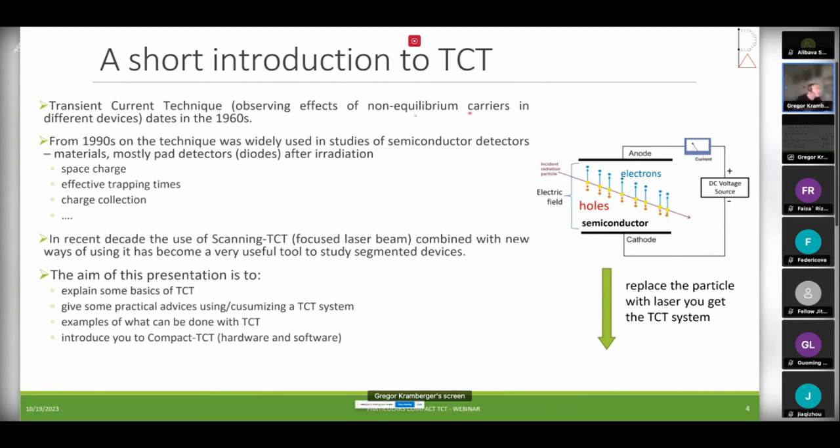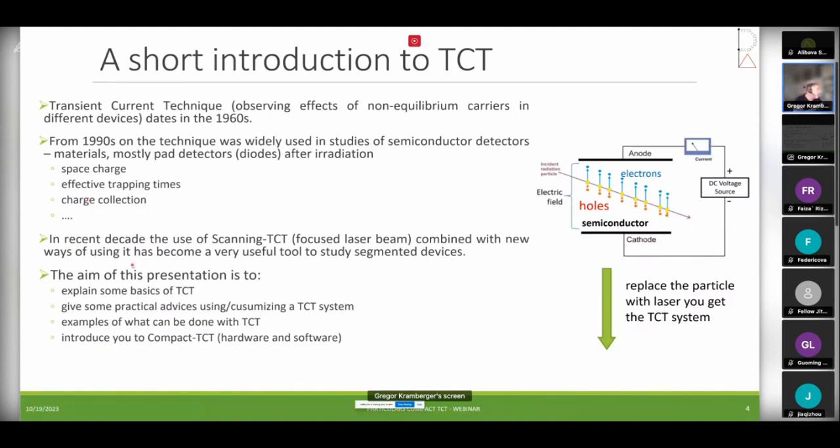So from the 90s on, the technique was widely used in studies of semiconductor detector materials, mostly PAD detectors at the beginning. So the effects, the changes of the space charge after irradiation of devices, for example, trapping times, charge collection. There are many studies that exploited the benefits of the TCT.